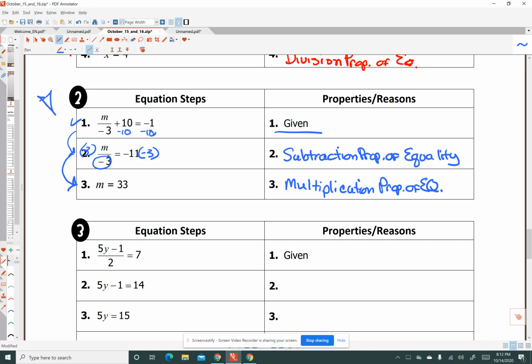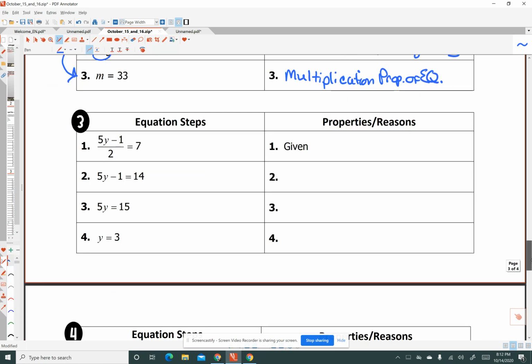So let's move on to the next one, and let's change our color. Okay, we have our given. They're getting a little more complicated. We have a quantity, 5y minus 1, being divided by 2, and all of that is set equal to 7.